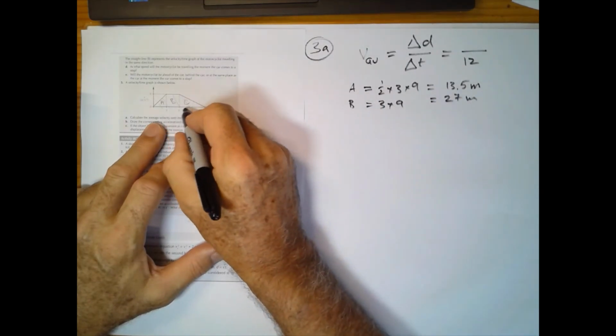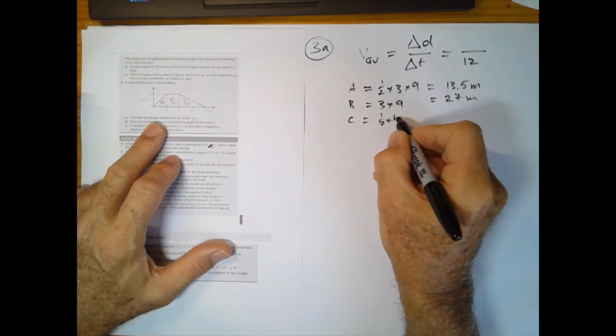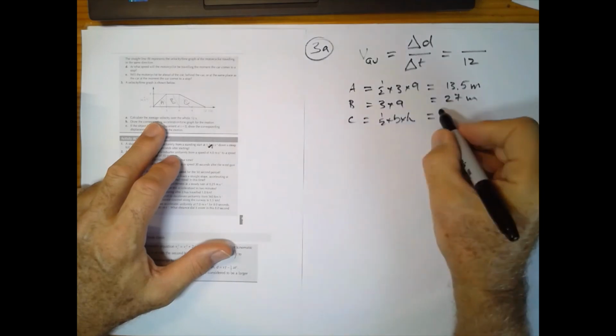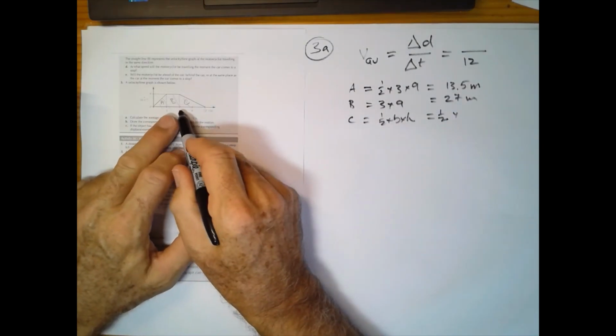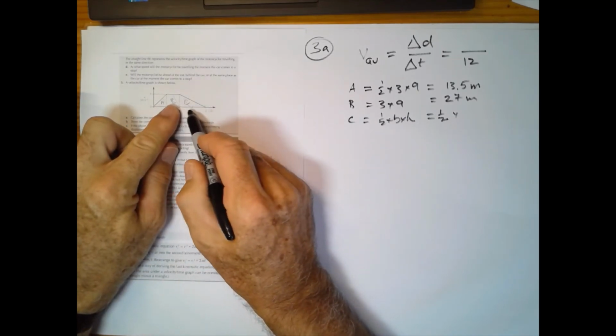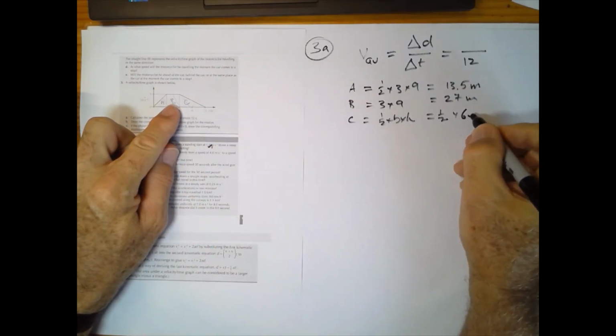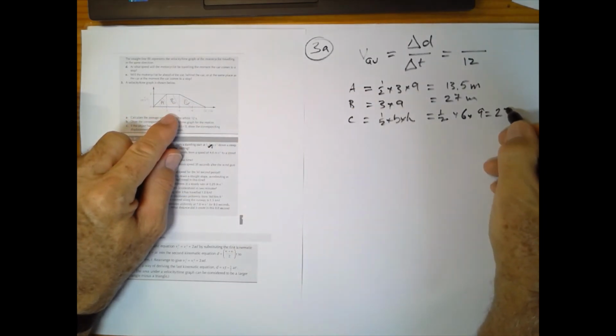Area of this third triangle is equal to half base times height. Make sure you don't say this is 12, it's actually only 6. The base is 6, half base times height of 9 is equal to 27.